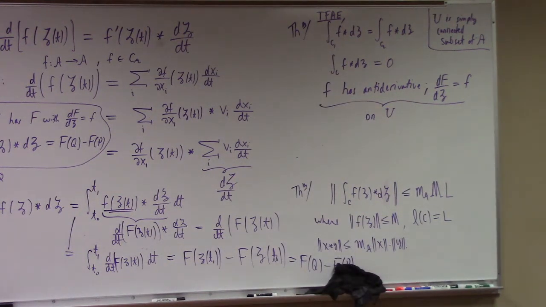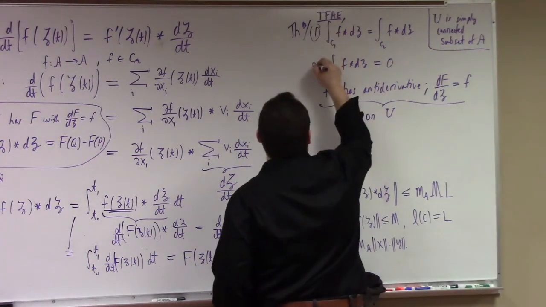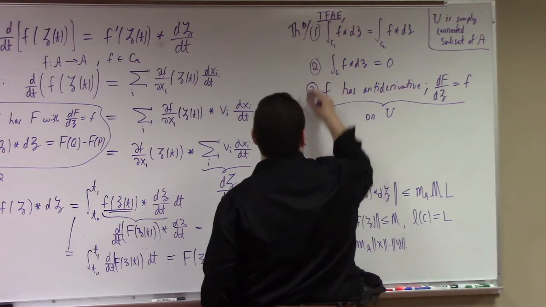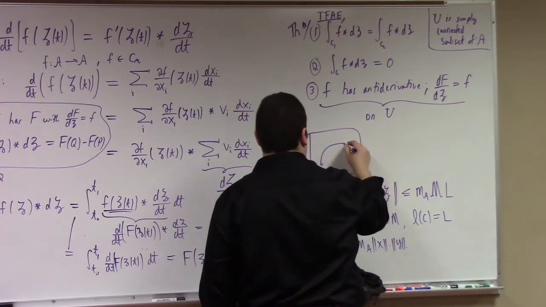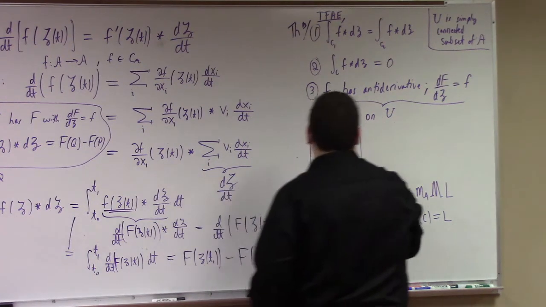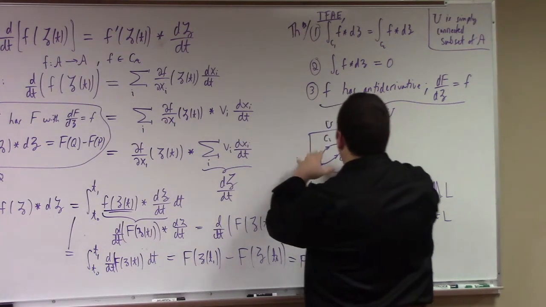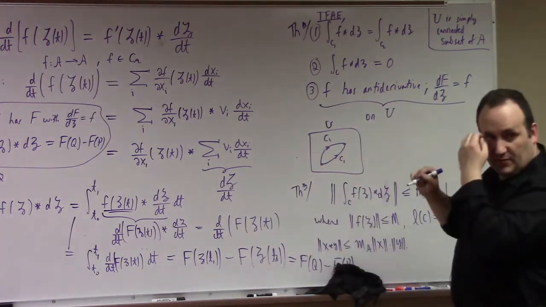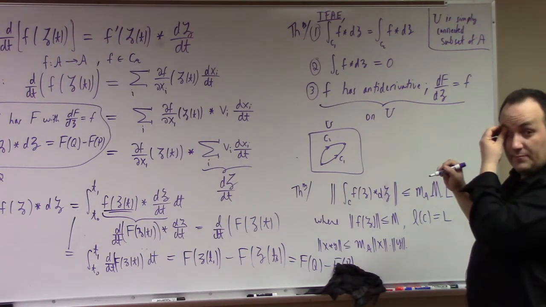So here C1 and C2 are two curves which have matching terminal points, right? So the picture for 1, 2, and 3. For 1, the picture is basically, here's the universe, U. For any coterminal paths, we get the same integral.